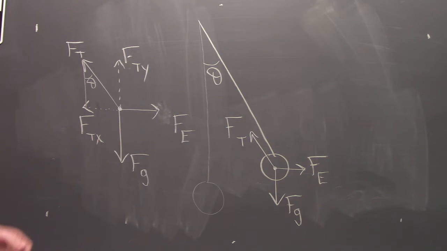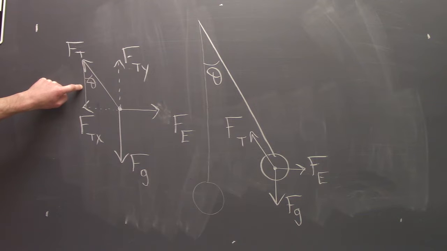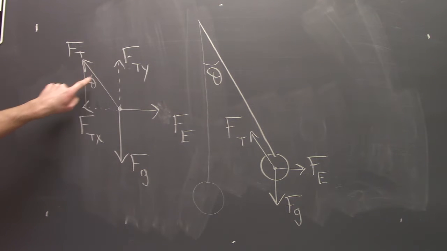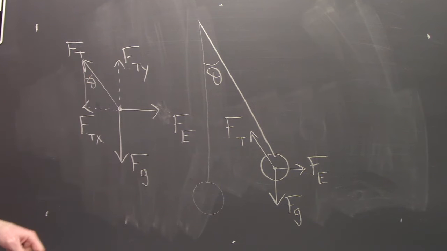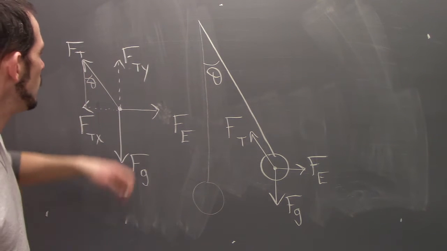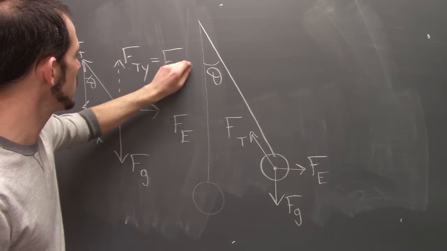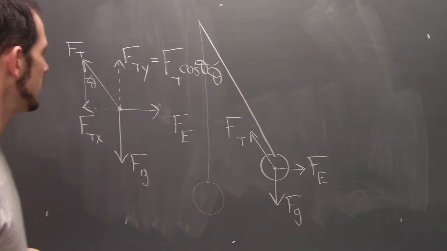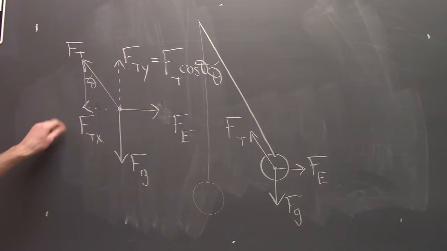So when we look at this triangle, we could say that this y component over the hypotenuse, FTY over FT, is equal to the cosine of the angle. So that shows us that FTY is then going to be FT times the cosine of the angle. Whereas FTX, that's going to be the sine component. So I'll put that over here, FT times the sine of the angle.